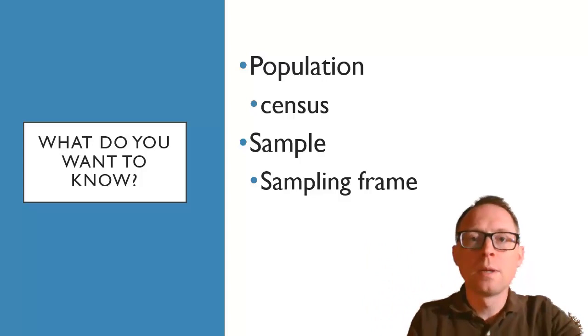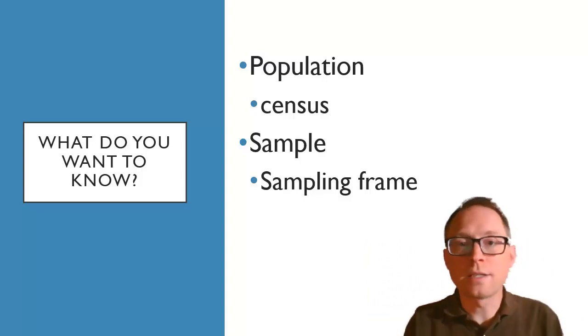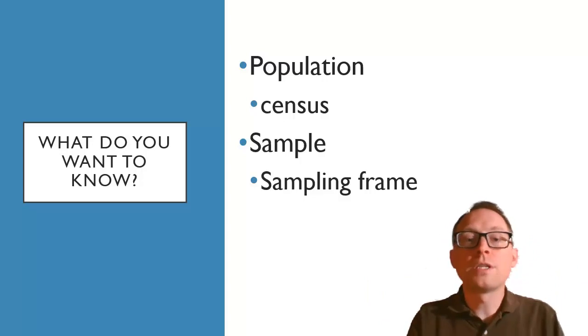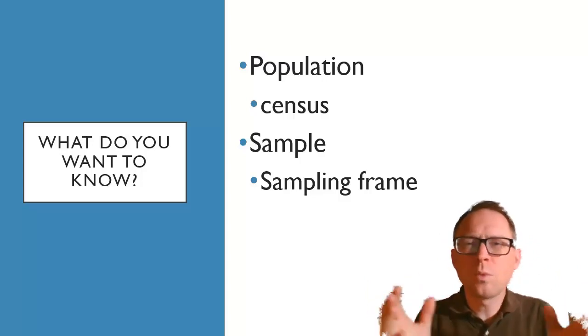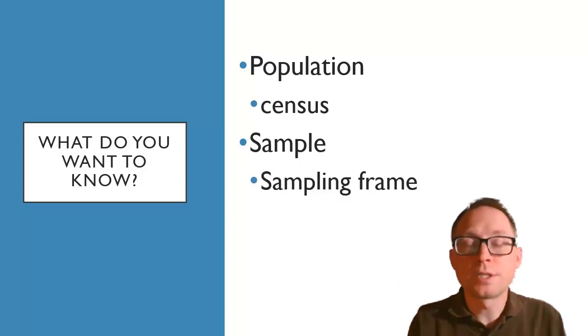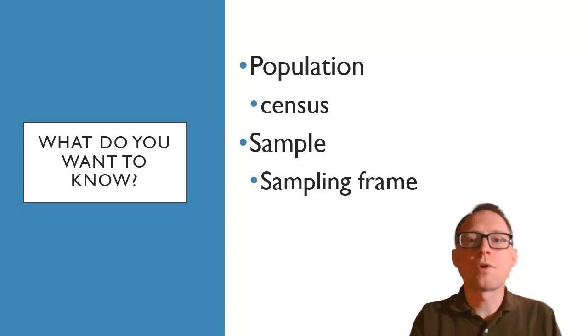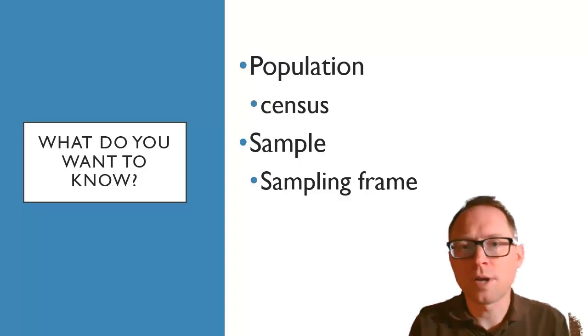So for example, if I want to know if wearing glasses makes you more attractive, I want to know that for the entire population. Well, what is the population that I really care about? Let's say that the population that I care about is everybody in the state of Colorado, right? So I want to know if in the state of Colorado, wearing glasses makes you more attractive.